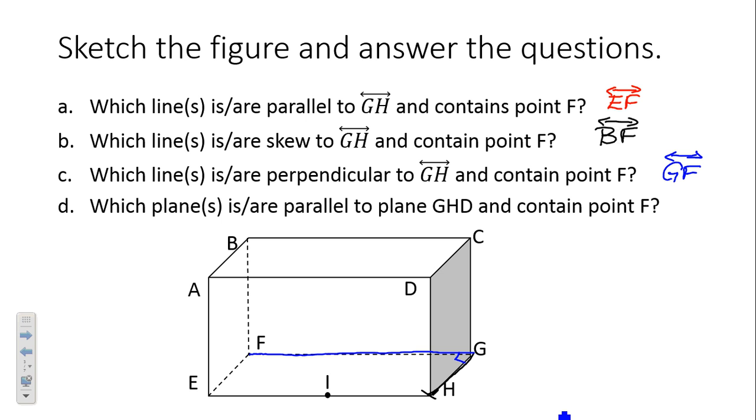Okay? Last question on this one. Which plane or planes is or are parallel to GHD, plane GHD, and contain point F? So plane GHD, GHD is this one that's shaded with the gray.